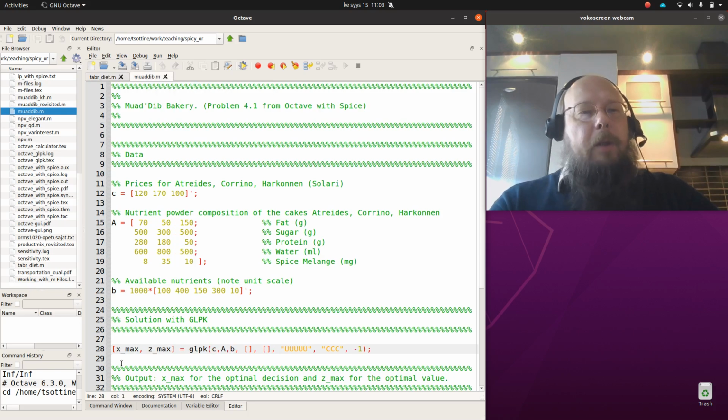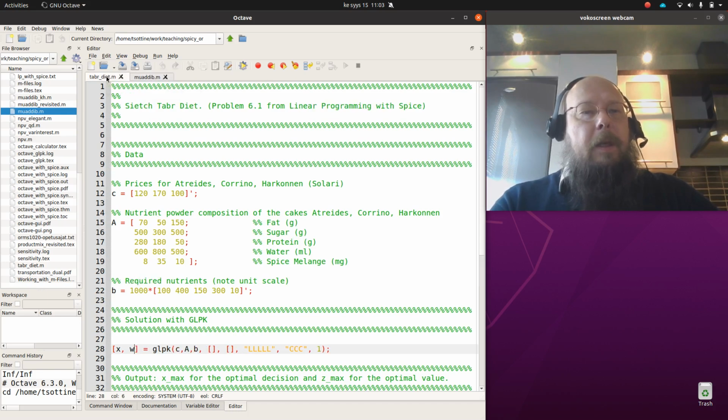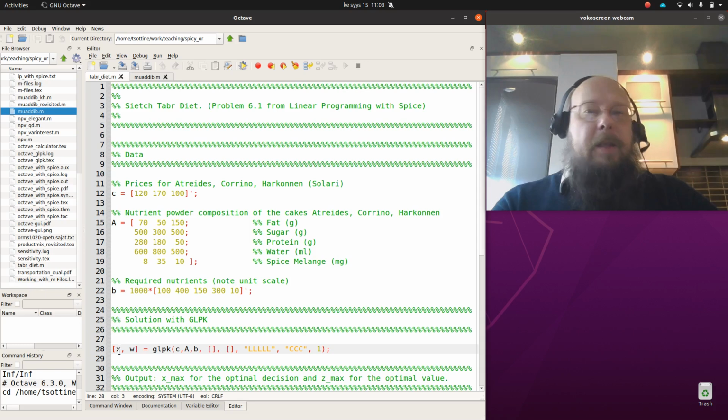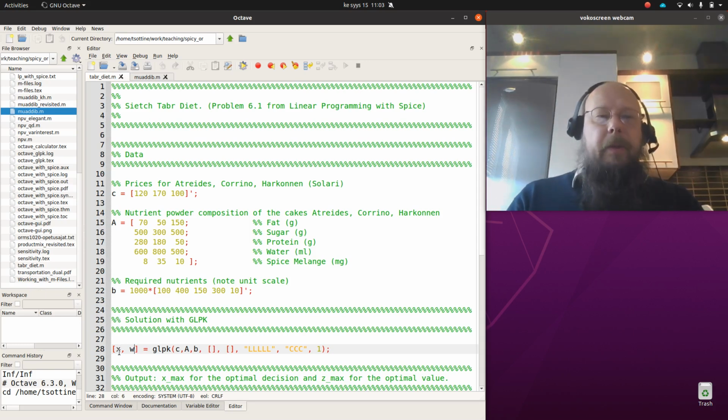So here I called them X max and Z max. So the difference is that I called them, well, certainly not X max because it's minimization, I could have called it X min and Z min. Yeah, why not? That would have been more logical, I suppose. But I just call them X for short and W for the minimization for short.